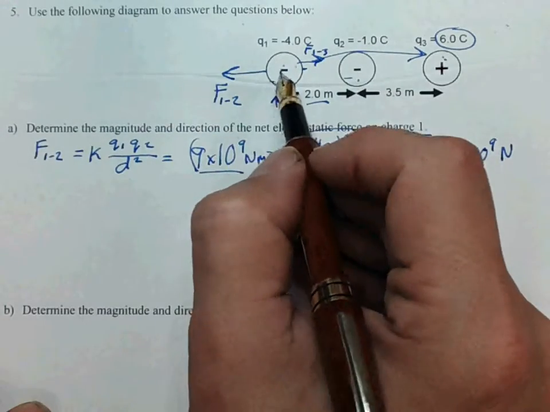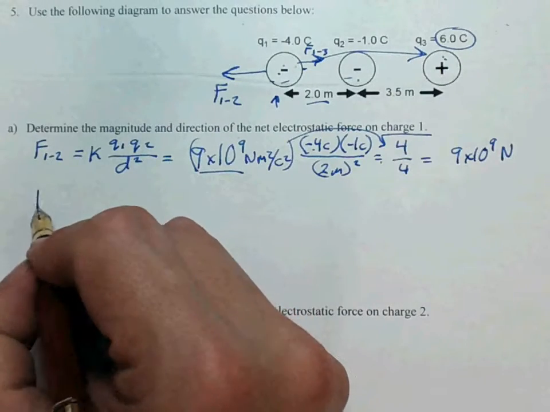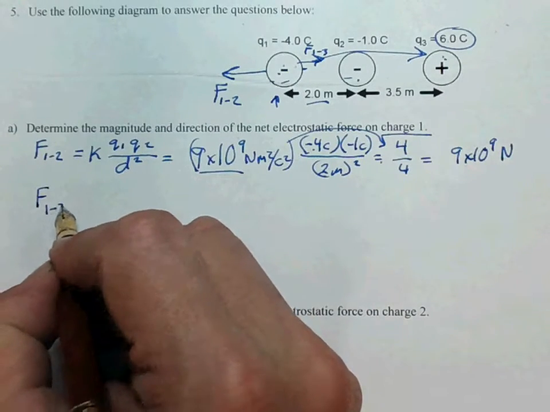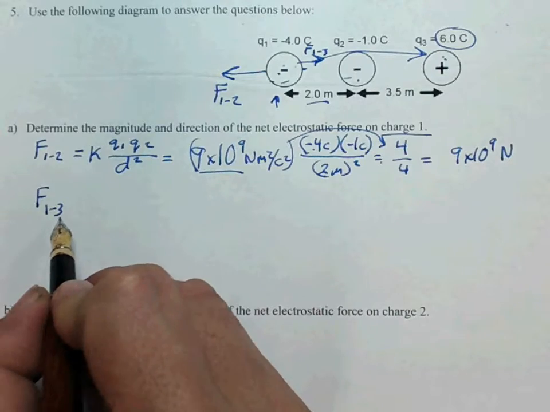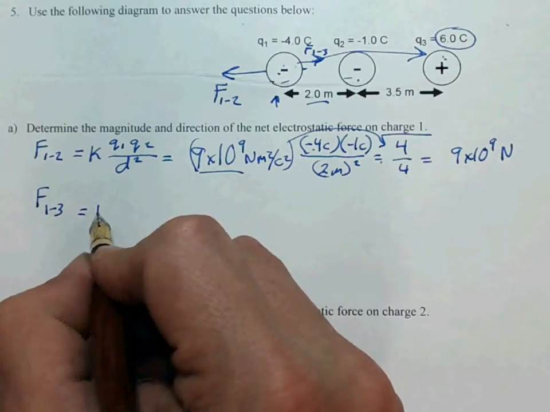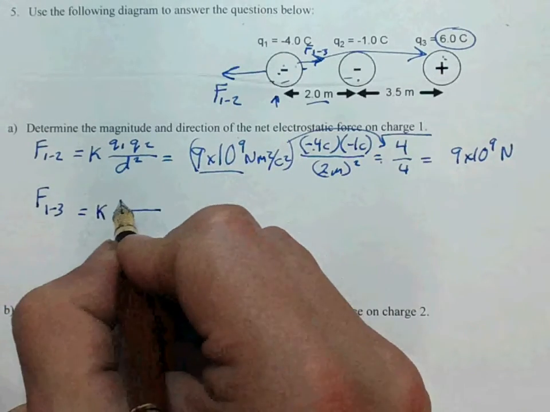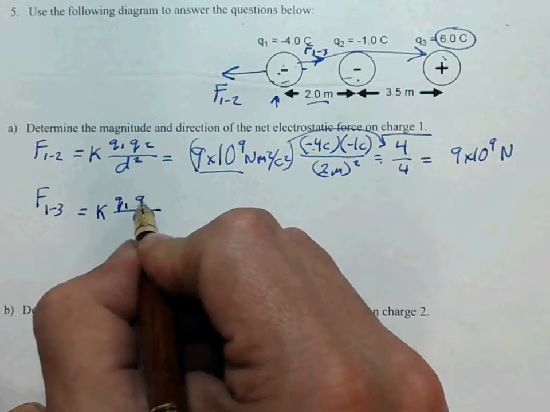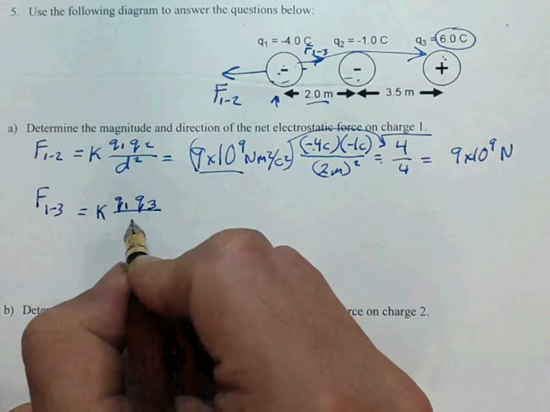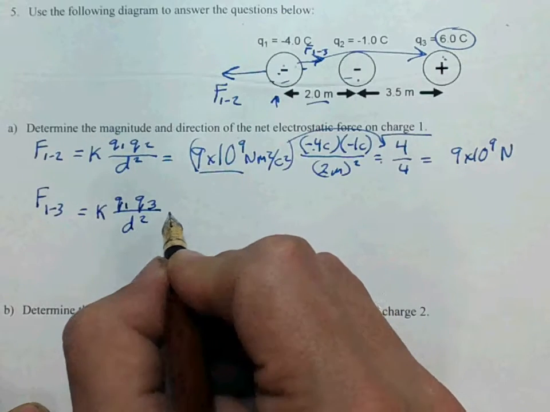So what about the attractive force between 1 and 3? I'll denote that with a 1-3. That's equal to K times Q1 times Q3 divided by the distance squared.